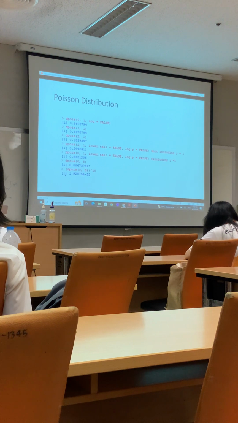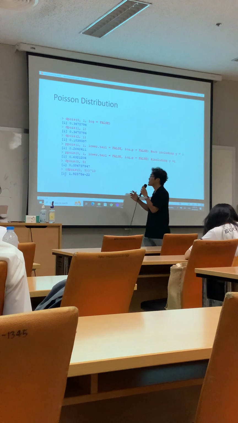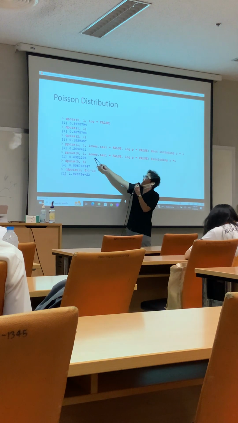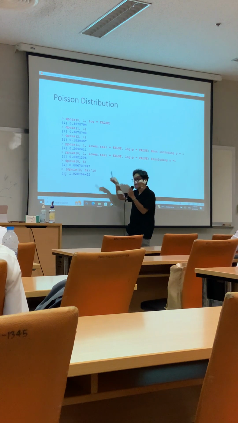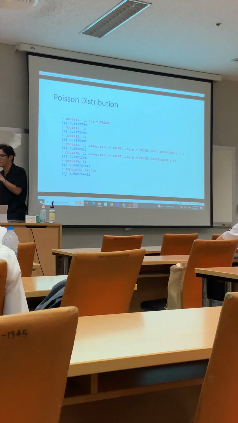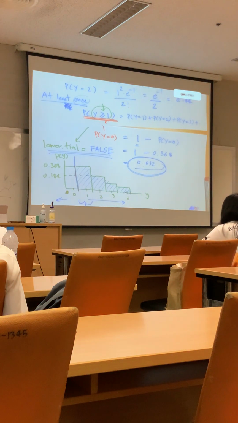The problem is why it becomes more difficult, because you have to realize what lower tail equal to false means. Let's go back to the graph I drew.